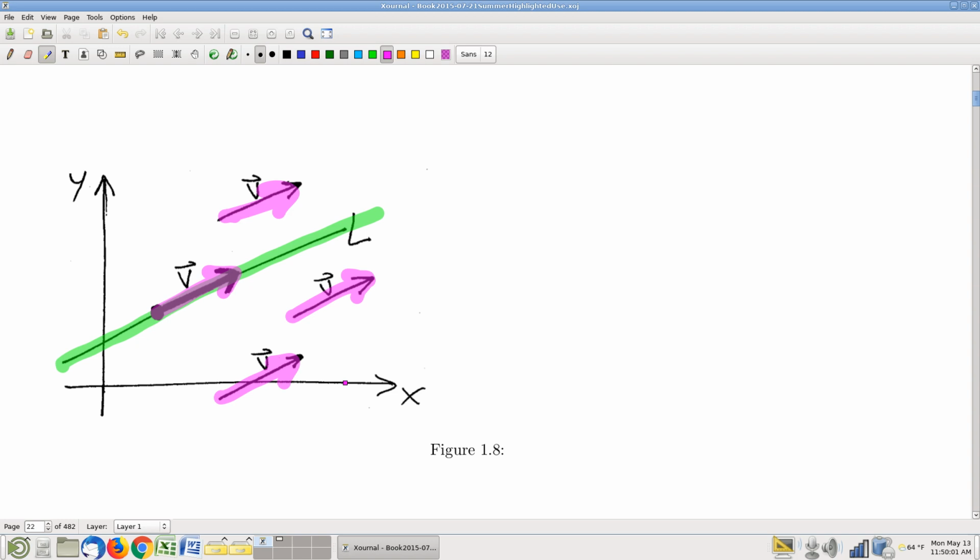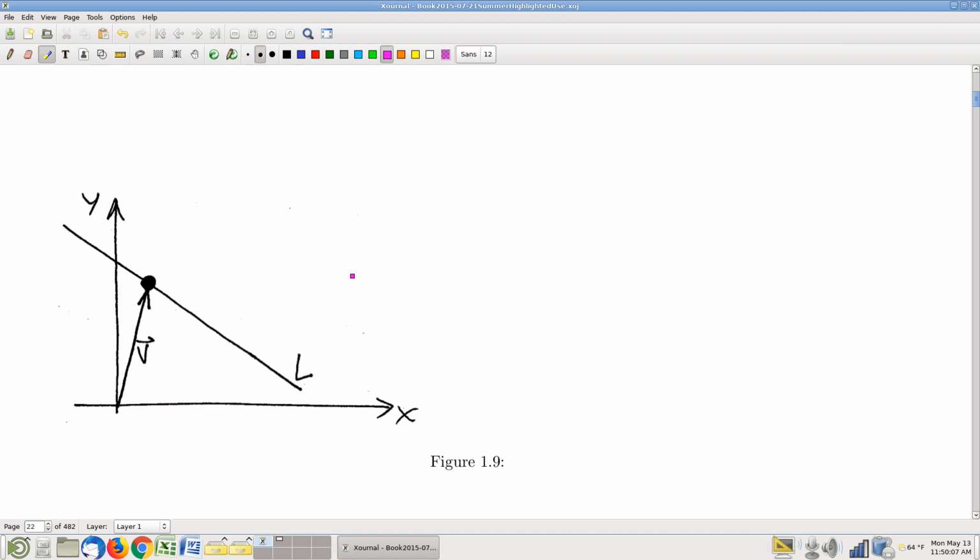Cool, no problem. Okay. If you do want to talk about what it would mean for a vector to be in a line, and again, technically it doesn't quite make sense, but if you were to write, let's say, V is in the line L, how would you make sense out of this statement? The first thing you have to start with is, okay, vectors don't have locations.